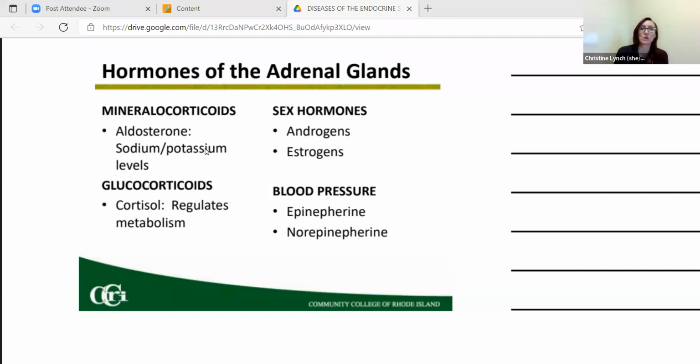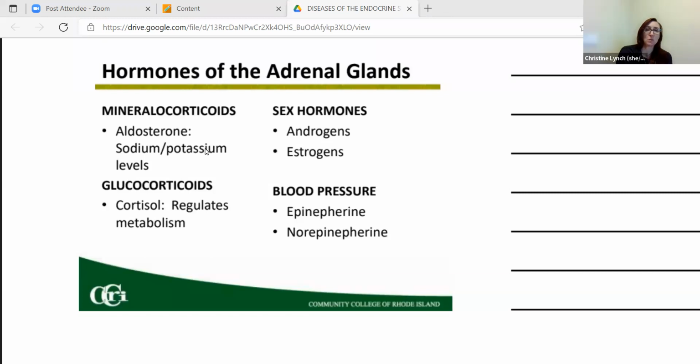So the mineralocorticoid, aldosterone, causes the kidneys to retain salt and to secrete potassium. And then the glucocorticoid, cortisol or hydrocortisone, is what regulates the metabolism of carbs, fats, and proteins from the diet.